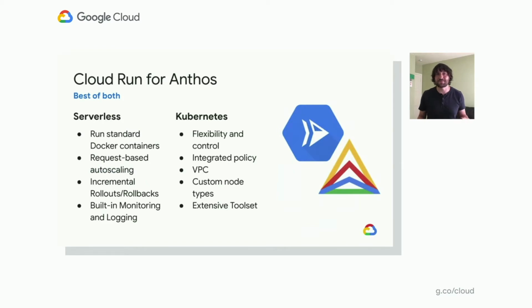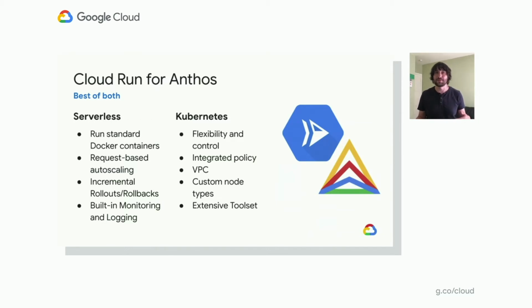So you could say that Cloud Run for Anthos gives you the best of both worlds. It gives you the best of serverless. You can run any standard Docker container. It has request-based auto-scaling. It's very fast and scales down to 0. Includes incremental rollouts and rollbacks, so you can do things like blue-green deployments and rollback from production. And it also has a whole suite of monitoring and logging tools that are built in for the developer out of the box.